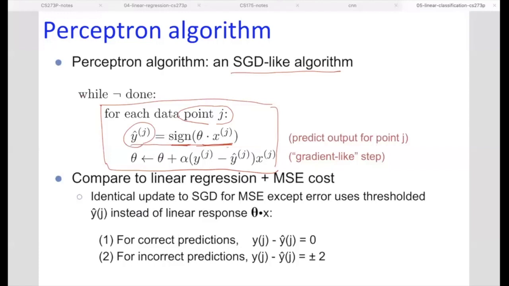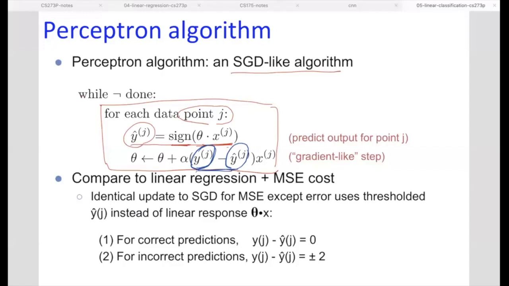Then next, you're doing something like this. You calculate the difference between your target value and your predicted value.